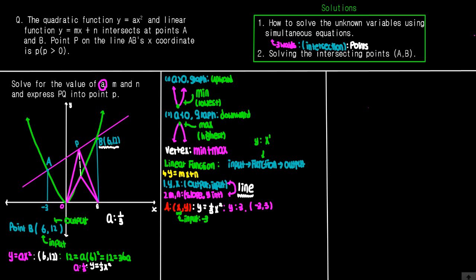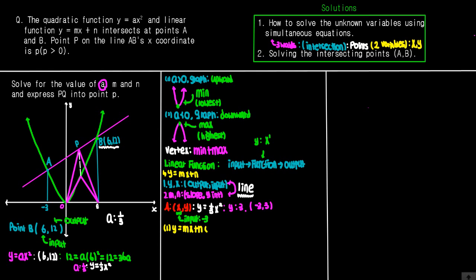It is time for us to apply our simultaneous equations since we have our two points. We usually use simultaneous equations when there are two variables, and in this case the two variables are m and n. First, let's input our first point, B, into our linear function, which was y is equal to mx plus n.